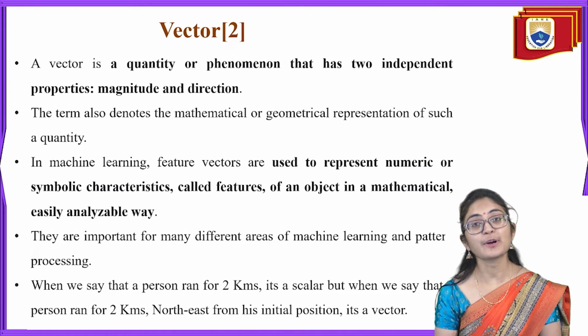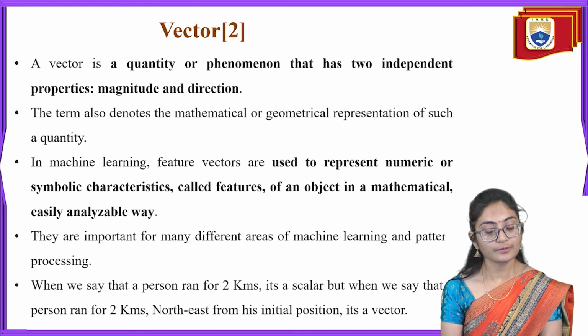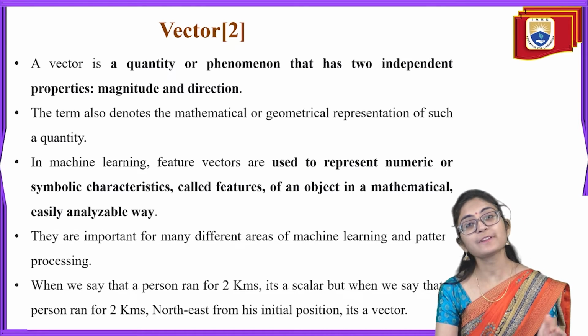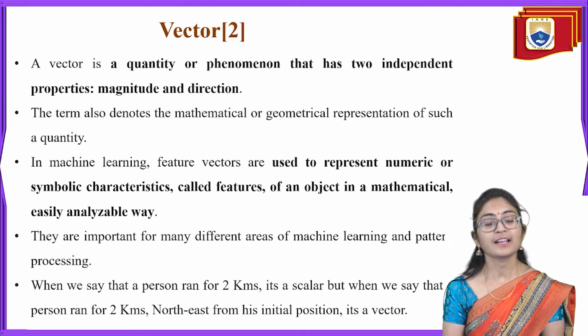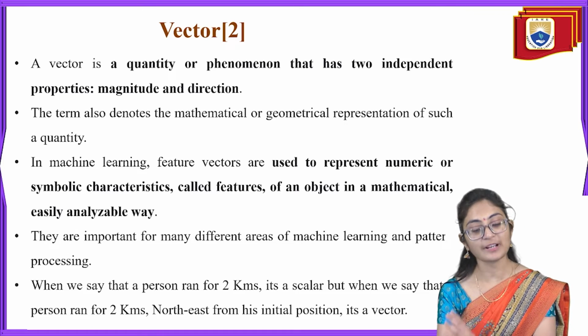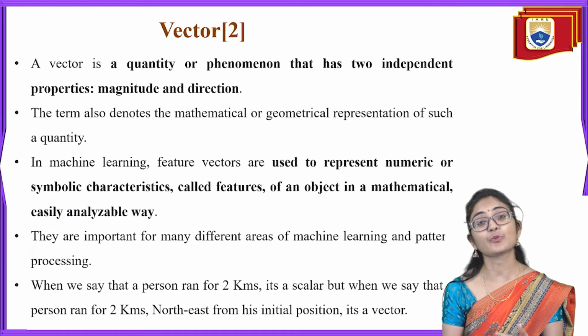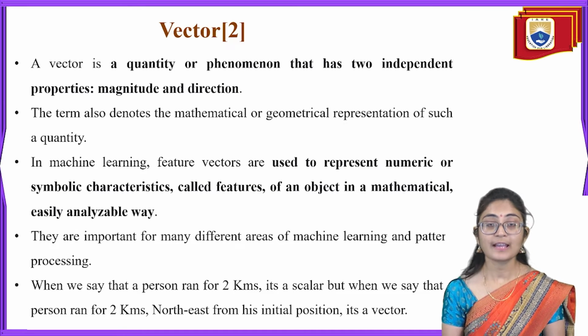Now we will see about vectors. I know you are very familiar with the vector, but whenever we are talking about the vector, some points will come to our mind. Obviously, those points are magnitude and direction. But what is the vector?